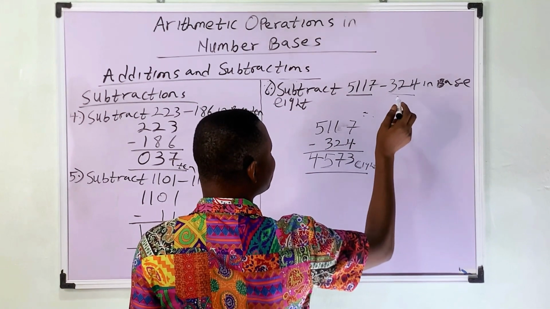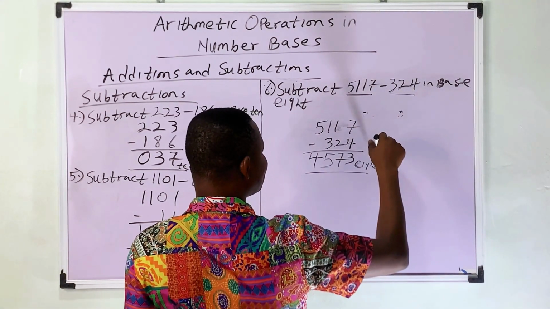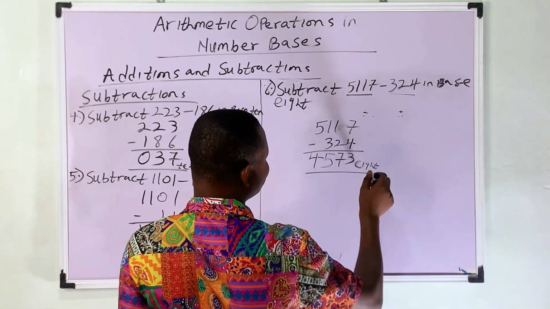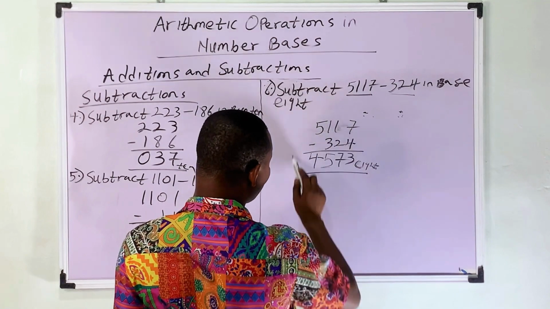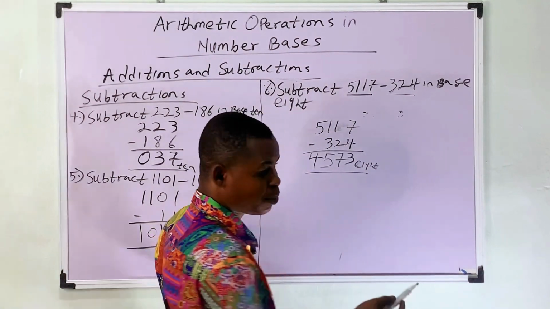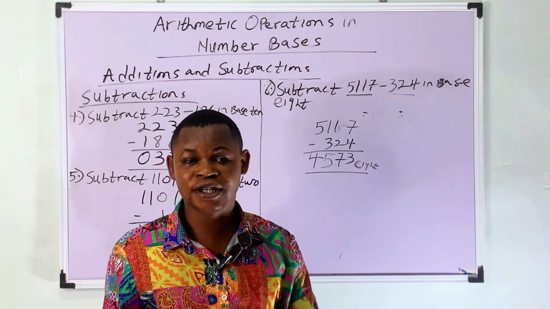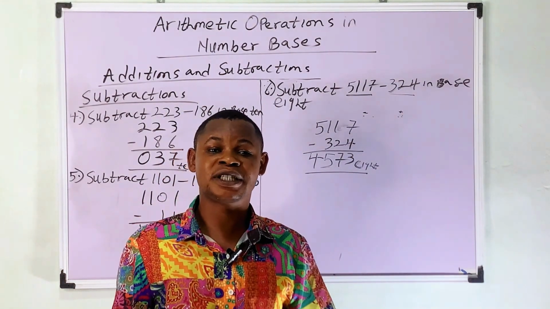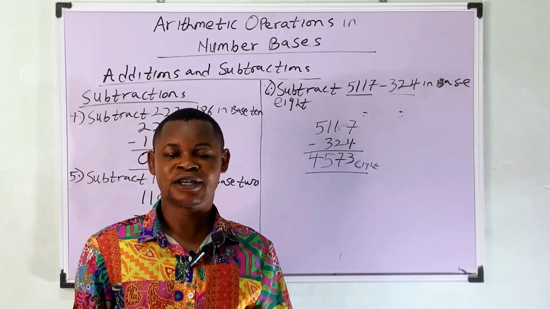The answer we get, we're going to convert back to base 8. If this procedure is correct, we must get this answer. But trust me, this explanation I want to give you now is just for us to be rest assured that our approach is correct. Nobody will want to use that.